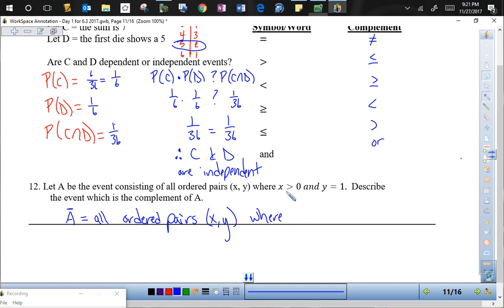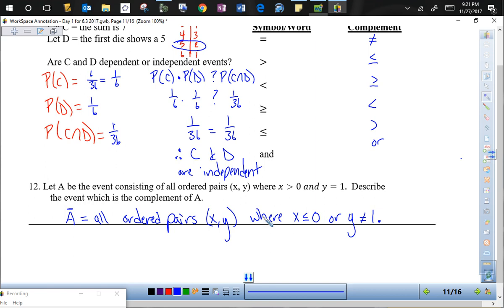So we want the complement of that. That would be x is less than or equal to 0. Then it says and, we want the complement of that, so or, and the complement of y equals 1, excuse me. So y is not equal to 1.